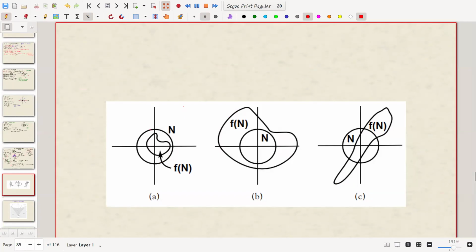Take this round neighborhood N, and apply the map F to it.